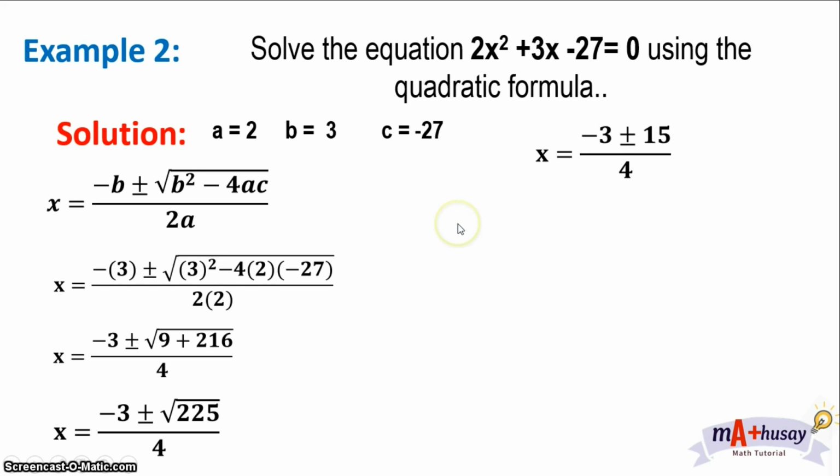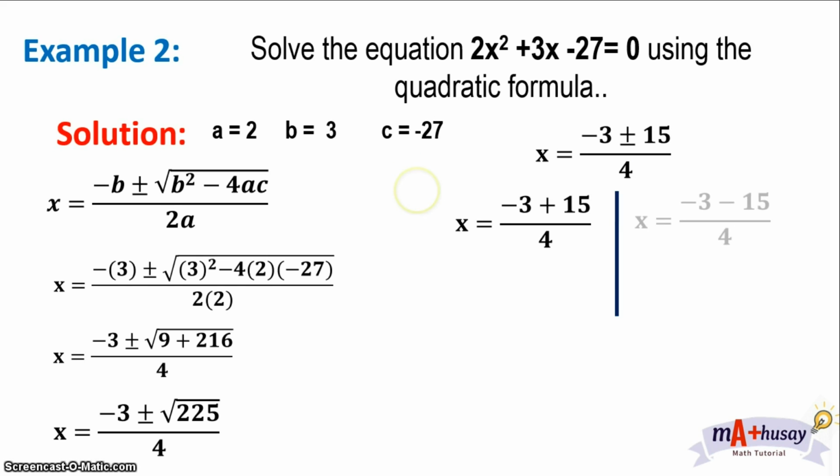Now, we have two solutions for this. One is x is equal to -3 plus 15 all over 4, and the other one is x is equal to -3 minus 15 all over 4.